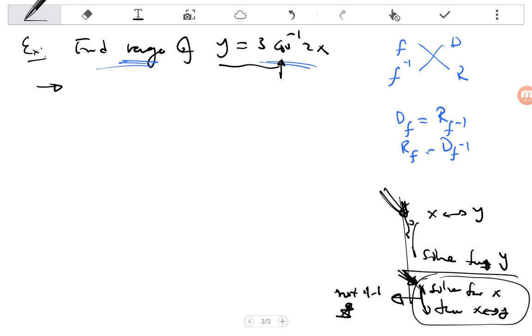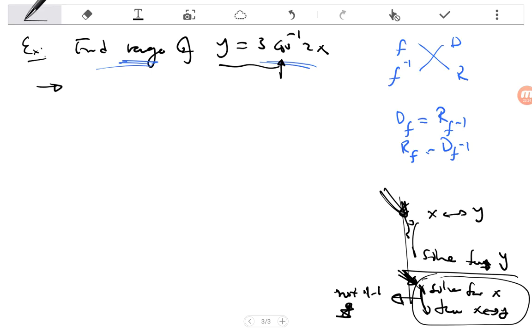Cosine inverse, is it a 1-to-1 function? Yes, of course it is a 1-to-1 function. Any inverse function is a 1-to-1 function. A function that has an inverse must be a 1-to-1 function.